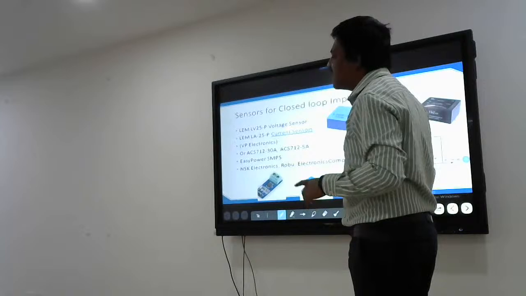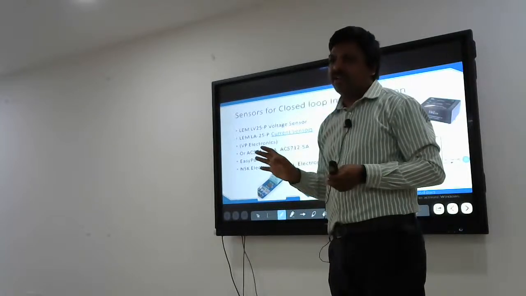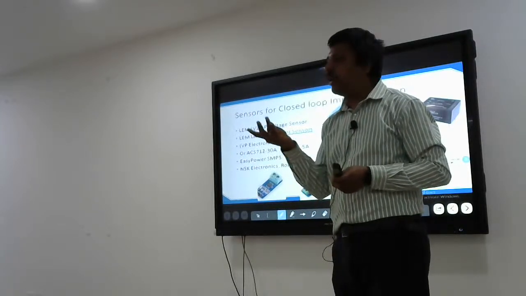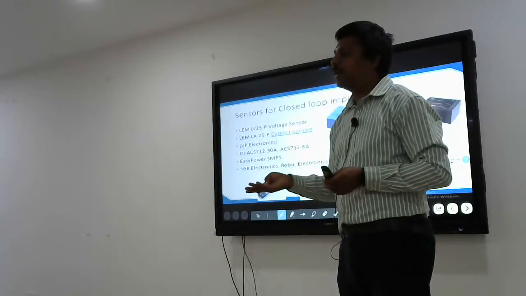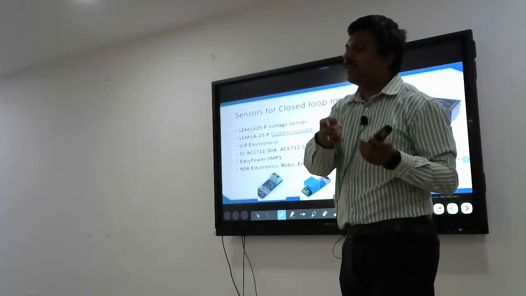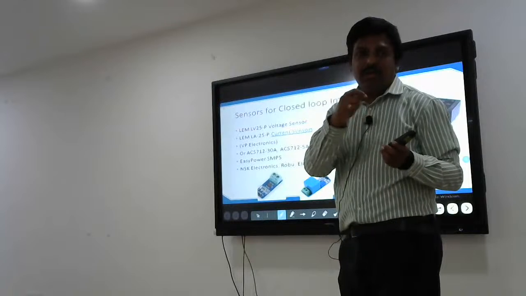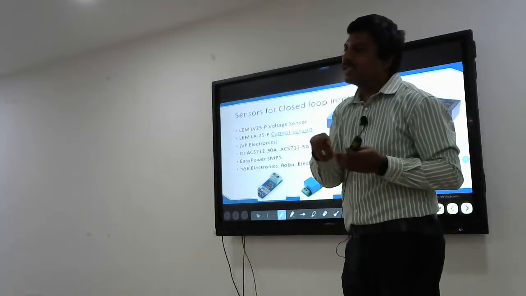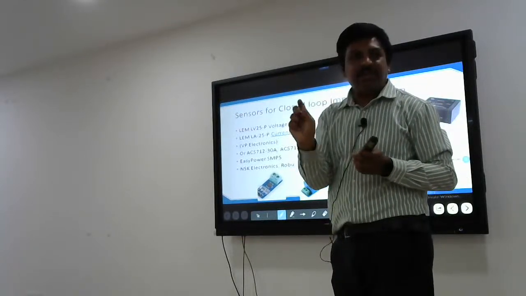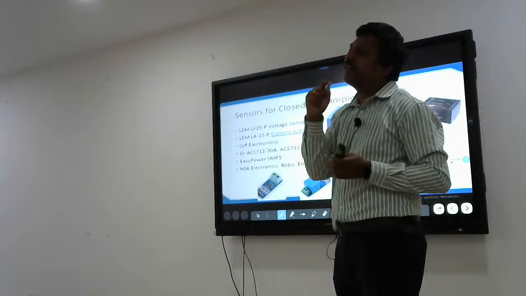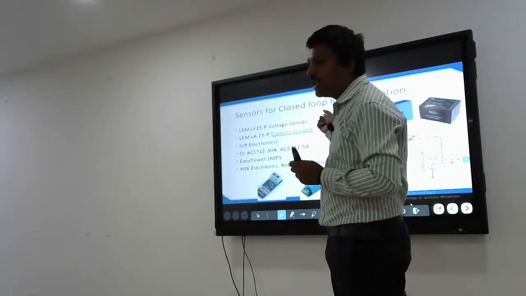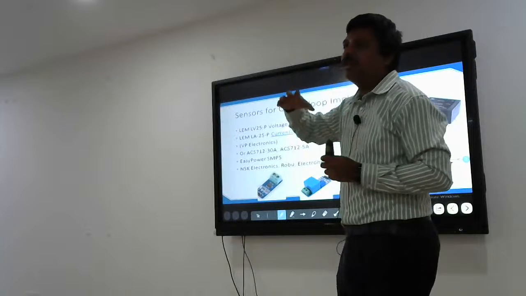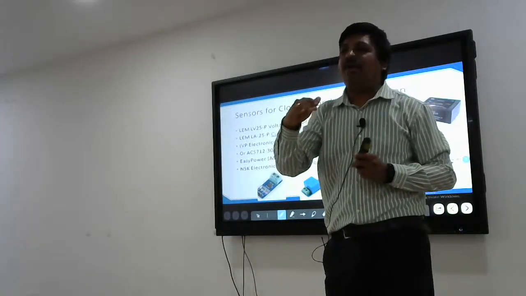But for that, we need some sensors. One is a voltage sensor, when we want to do closed loop operation. For example, in DC motor control, if you want to do speed control, tacho generators are available. Sometimes small DC generators can also be used for sensing the speed of the motor. Sometimes, if you want to do voltage regulation, voltage sensors. Most of the LEDs we operate with current control.